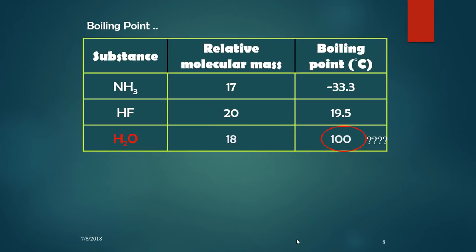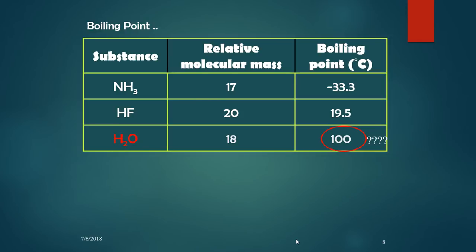So look at the boiling point. The intermolecular force controls the physical properties. The previous slide stated that physical properties are controlled by intermolecular force. Then we can know the strength of the intermolecular force from the boiling point and melting point.